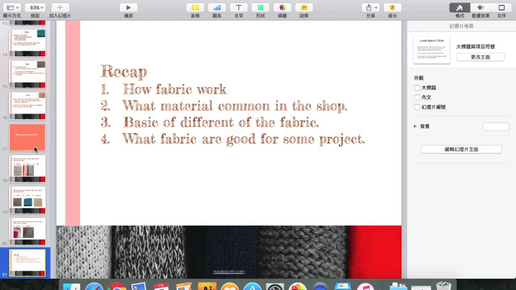I showed you guys about 10 different examples. 5 are natural from the plant, and the other 5 are man-made. And the third one is basically the differences of the fabric, so you can know them a little bit more. Okay, what the fabric is good for in the project when you want to start, like one shirt, dress, skirt, all those kinds of things, and t-shirts, bags. You can categorize the different kinds for you to start out.